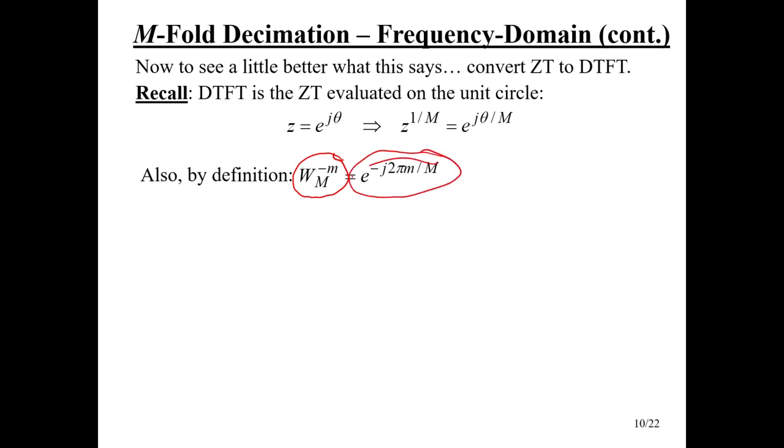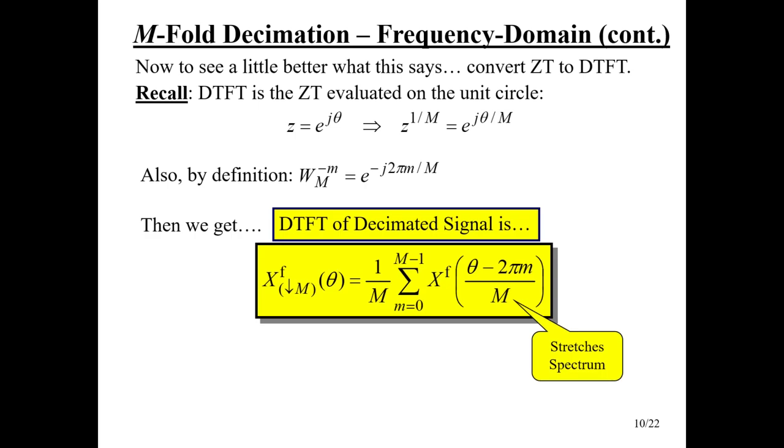So what is that? Well, that's just a complex number whose angle is 2 pi little m over capital M, or m over M is a fraction of 2 pi. And remember, we're going to let little m run from 0 up to capital M minus 1.